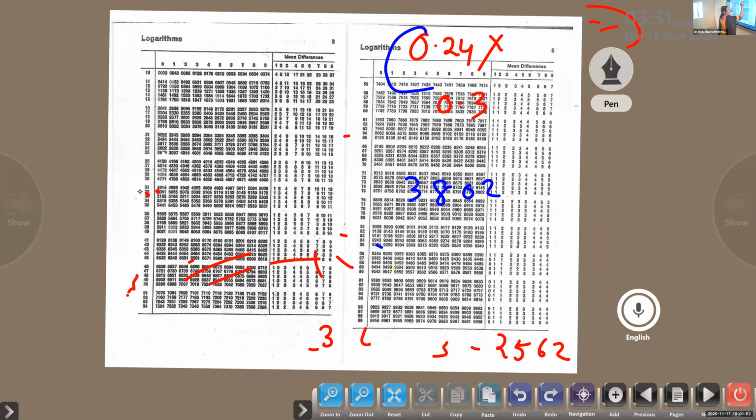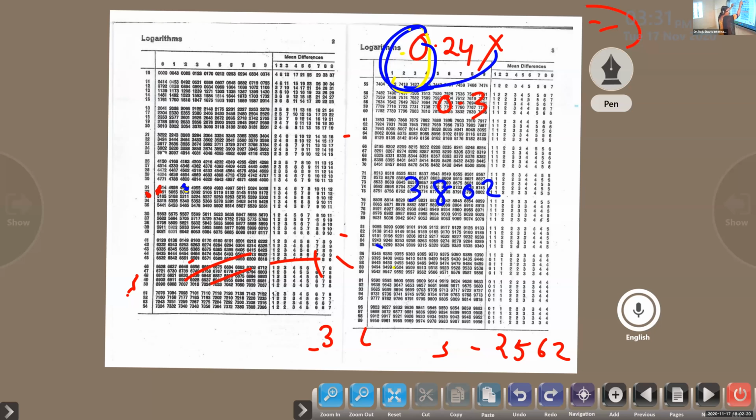Now, number of digits, not decimal. We don't look for this one, we look for the number before the decimal. It is 0. So there is nothing to reduce. But what you have to do? 0 minus 1, you will write bar 1. Bar 1.3802. That is the peculiar feature of it. Since this is a decimal number, we don't count these digits.